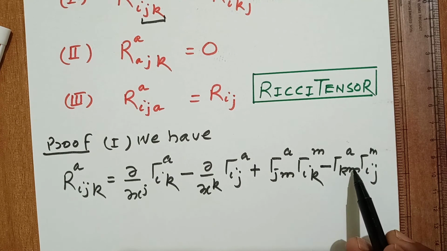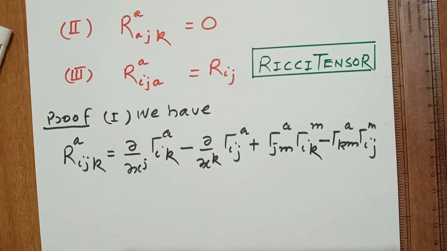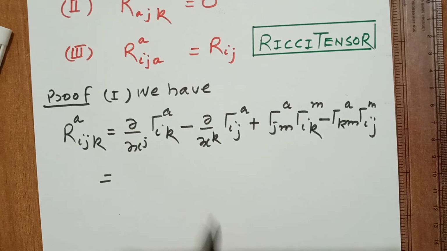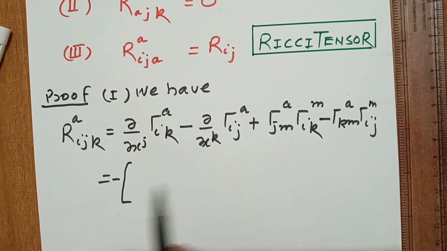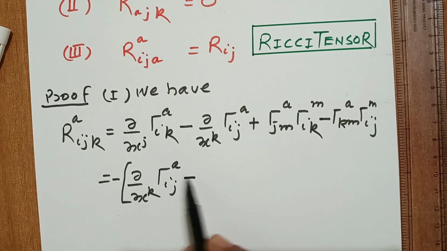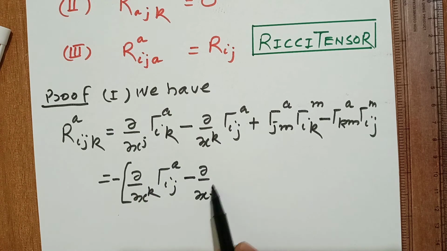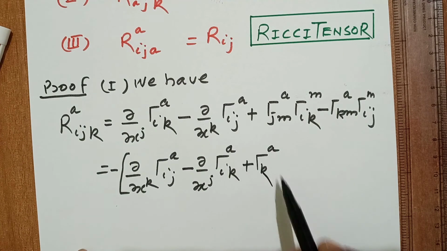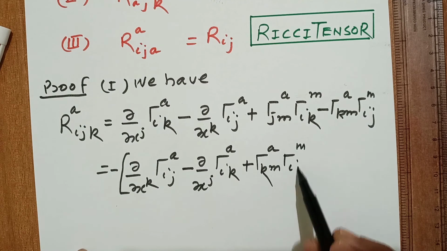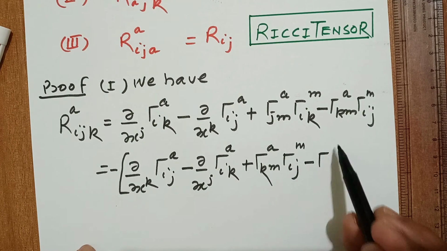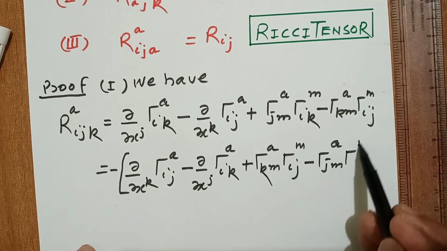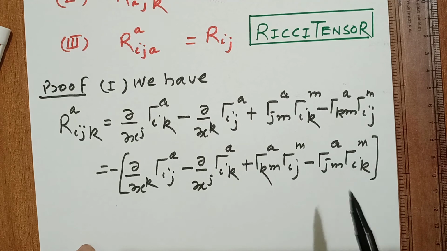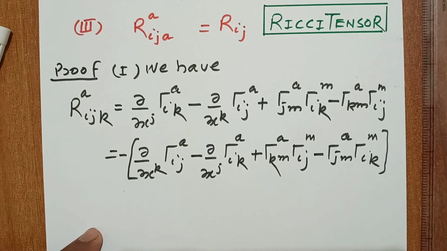If we take the minus sign common, this is equal to −[∂/∂x^k Γ^a_{ij} − ∂/∂x^j Γ^a_{ik} + Γ^a_{km} Γ^m_{ij} − Γ^a_{jm} Γ^m_{ik}]. We only took the minus sign common.